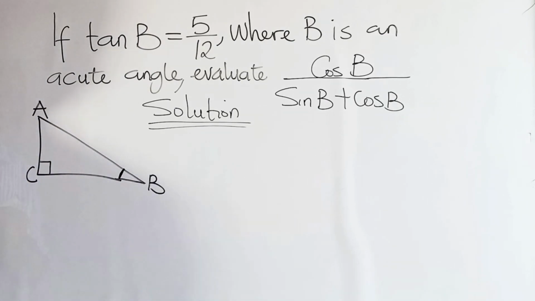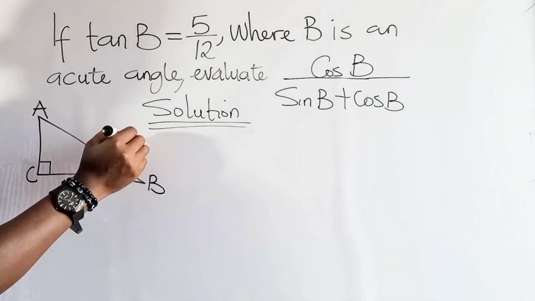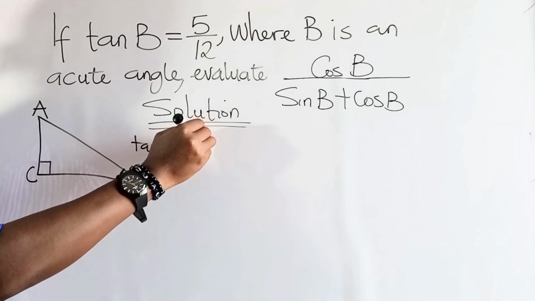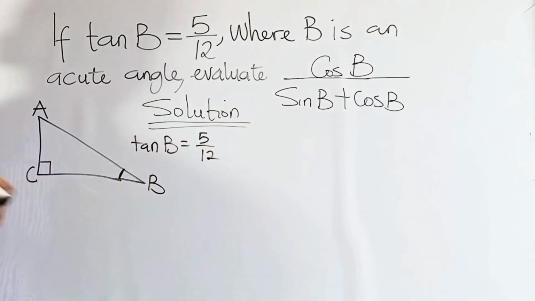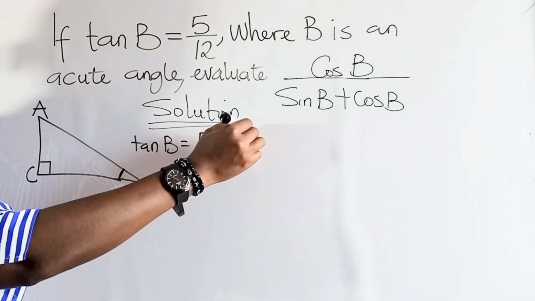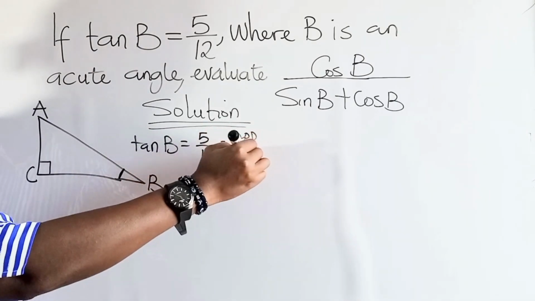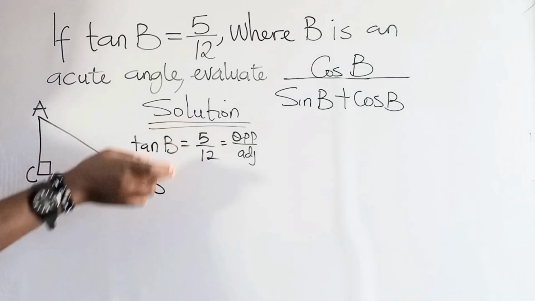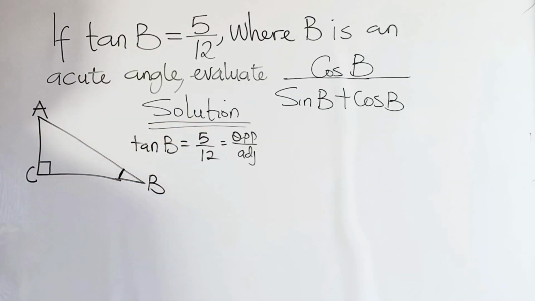Now, from the question, we are told that tan B equals 5 over 12. Remember that the tan ratio is given with this formula, opposite all over the adjacent. So now let's identify the given sides in this right triangle.